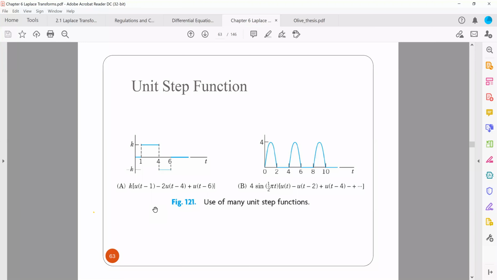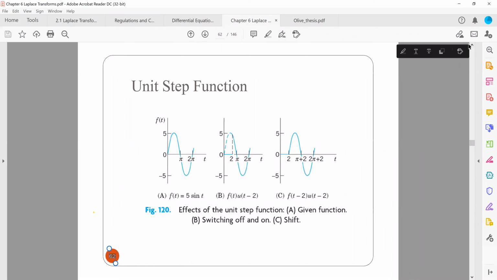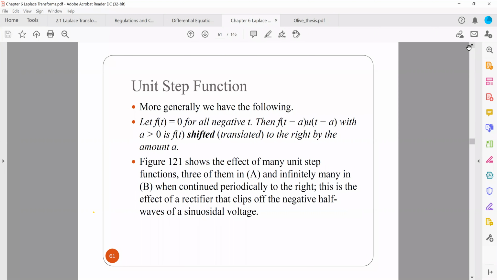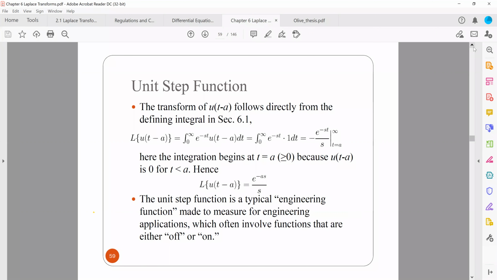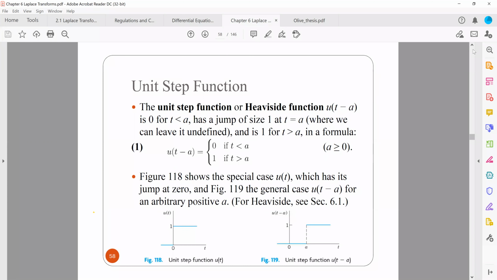Every time you say, let me just go back to this figure. So let's look at this, actually, this is a good example. This is u(t), okay? If I say minus u(t minus a), what's going to happen is when we reach time a, you have a flip, this thing is now negative.